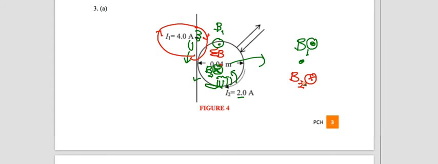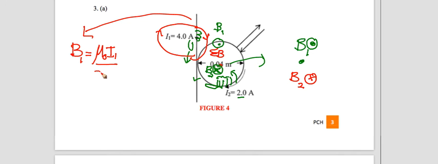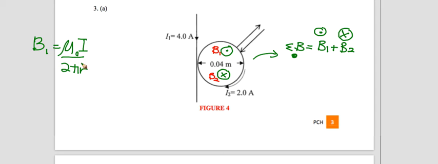So now, combining B1 and B2, to calculate B for the straight conductor wire, the equation for B1 is mu naught I1 divided by 2 pi r, where r is the distance from the straight wire to the center here. So B1 equals mu naught times I1, the current flow, 4 ampere, over 2 pi r.